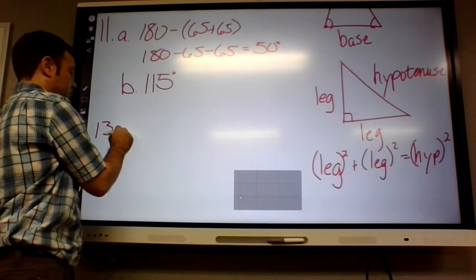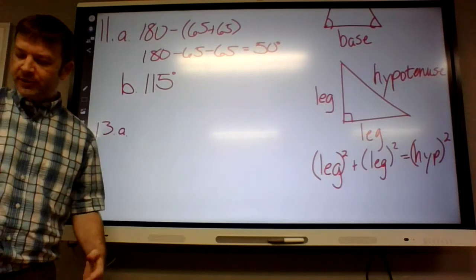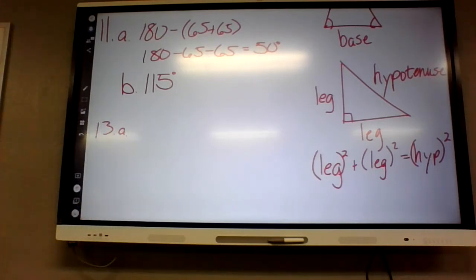You could also get that by adding the two remote interior angles. So we could have added angle B plus angle A to get the answer also. But Cadence did 180 minus the 65 for angle ACB, which is fine.